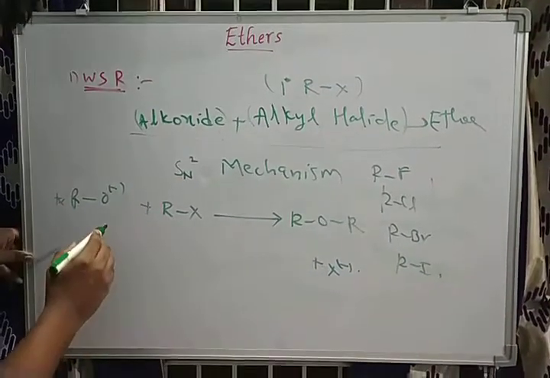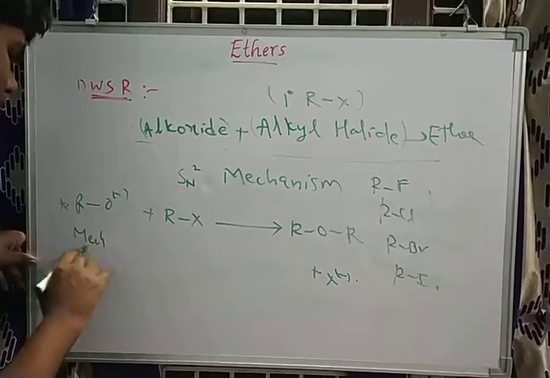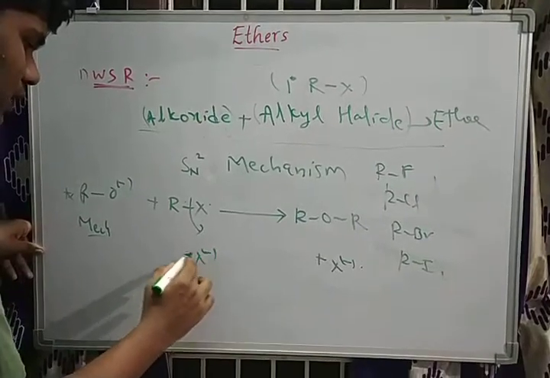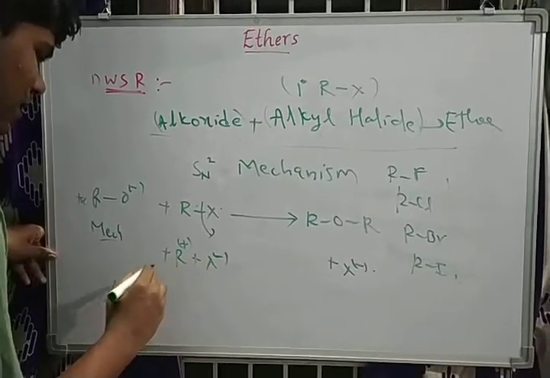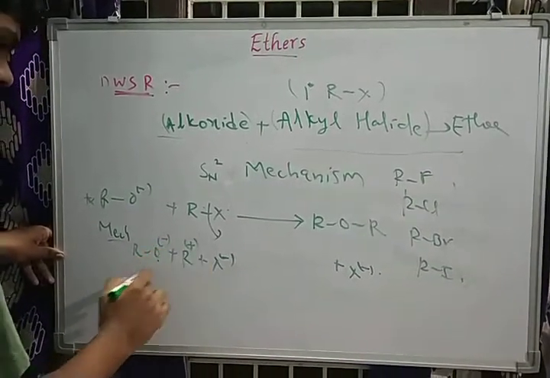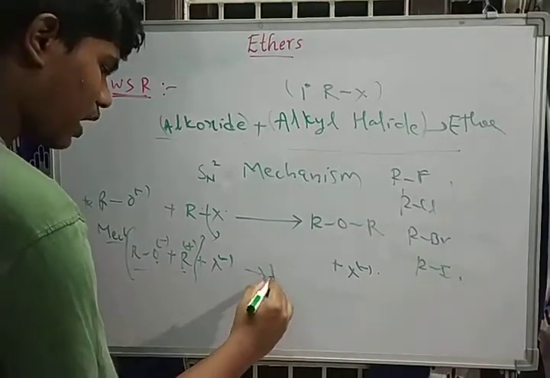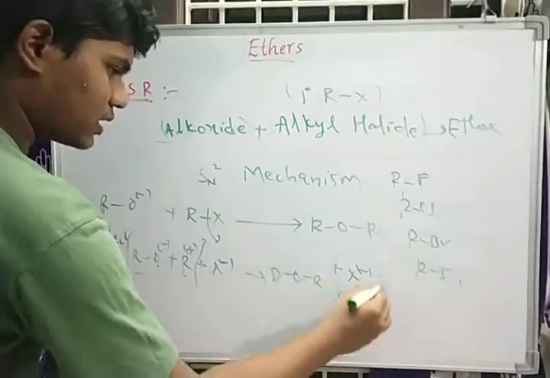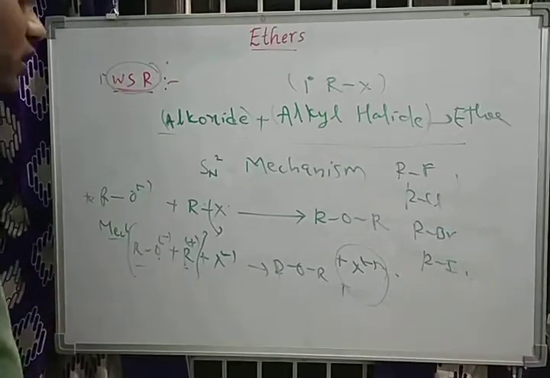Coming to the mechanism: from RX, X will be removed as X minus, leaving R plus. This RO minus and R plus will form ROR, and the rest is the byproduct X minus. In such a way, Williamson synthesis reaction takes place.